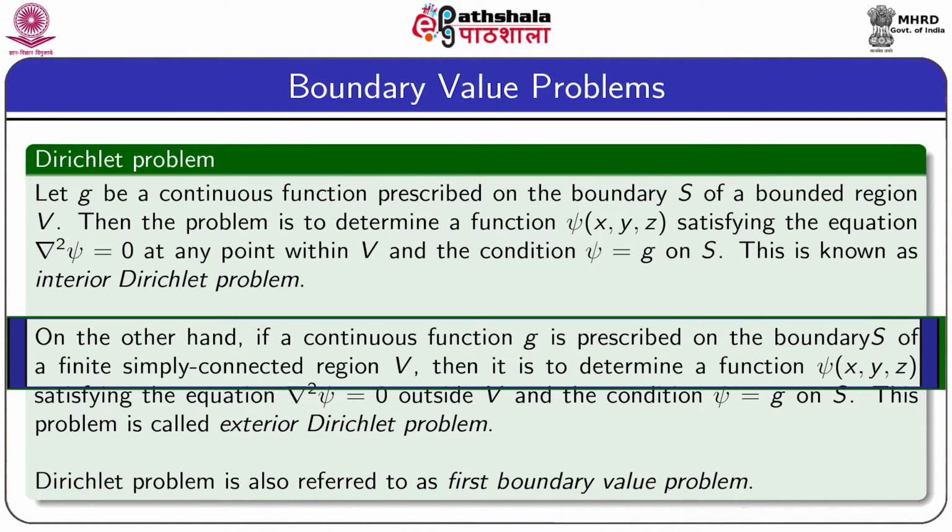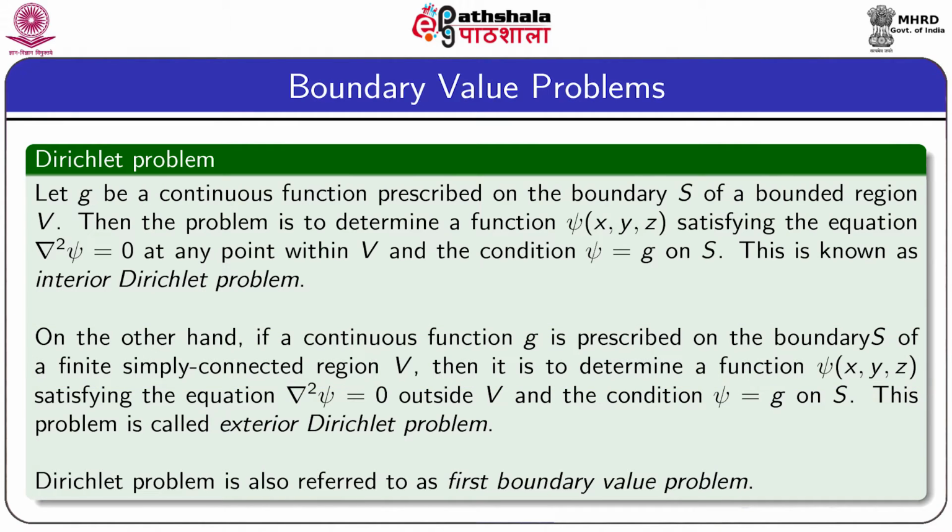On the other hand, we can define an exterior Dirichlet problem. In exterior Dirichlet problem, the function psi will satisfy grad square psi equals to 0 outside the region V, where capital V is a finite simply connected region, and on the boundary of V, that is on S, the condition psi equals to g.